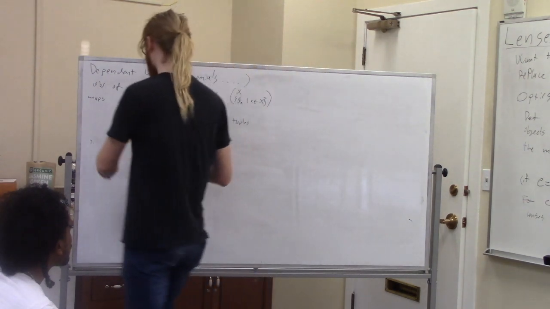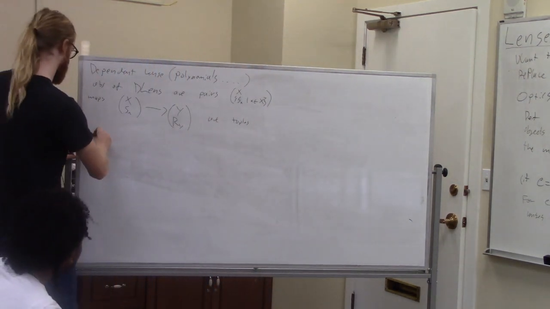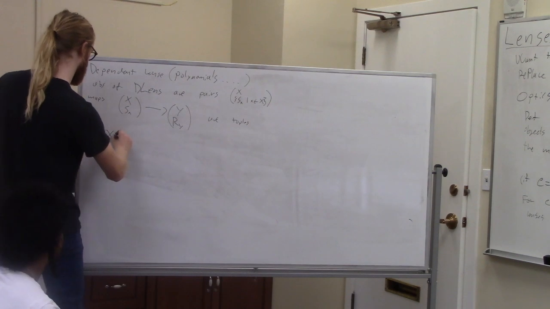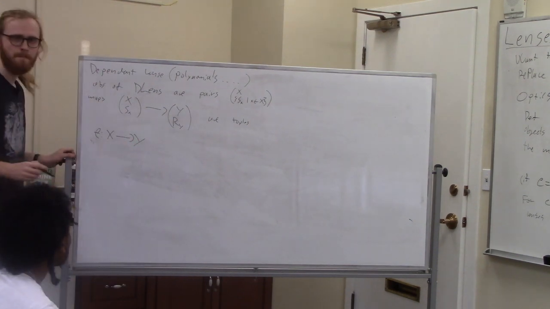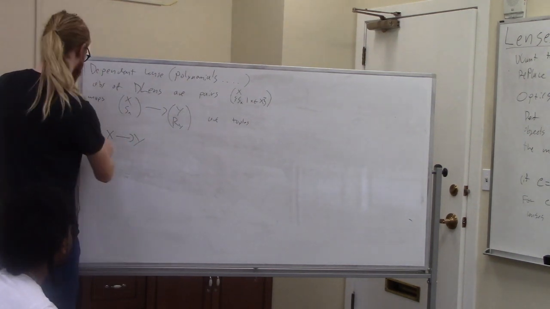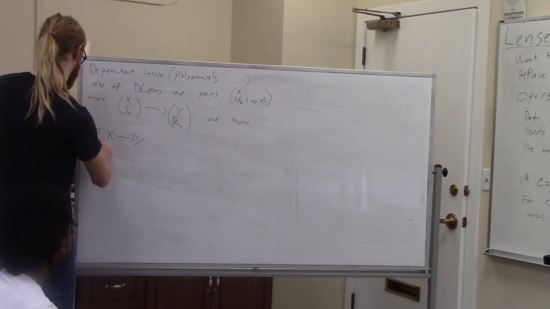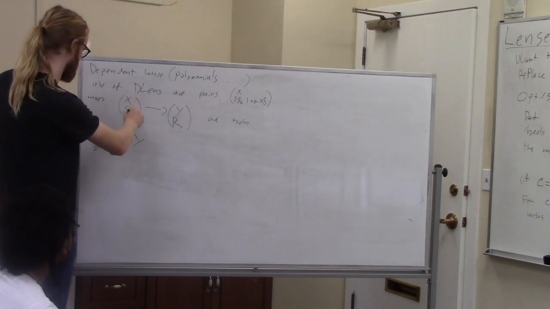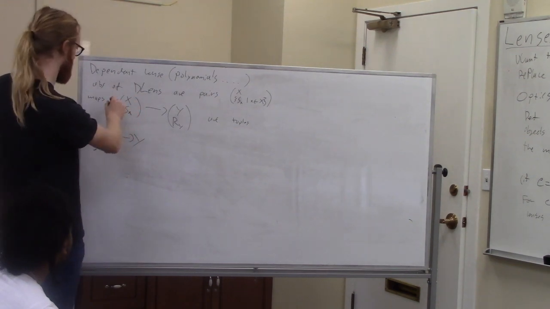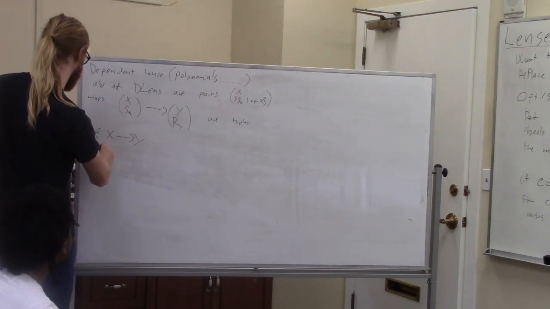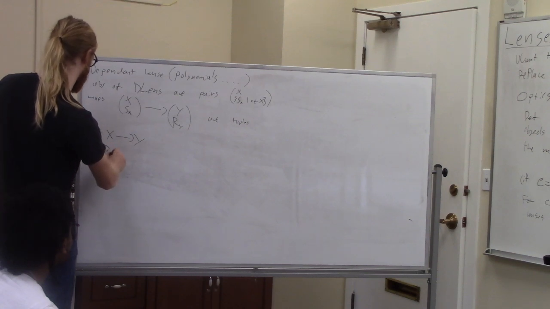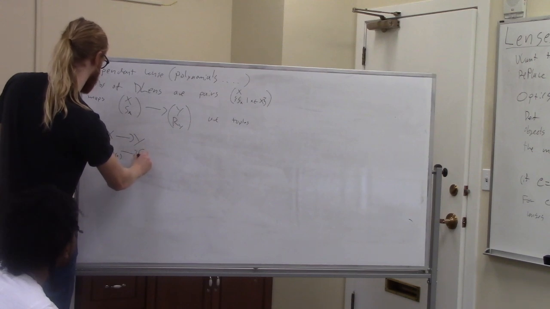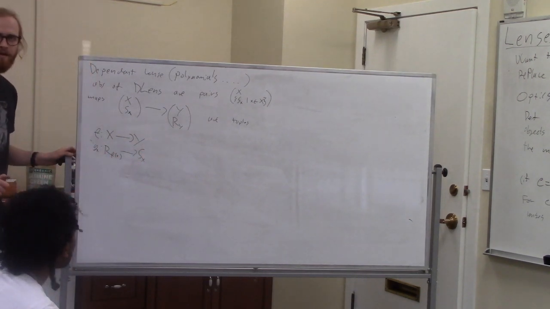First you have f from X to Y, and then for each x you have gx from R of f of x to Sx. I'm writing it in a weird way, but that makes sense with the indexed ones.